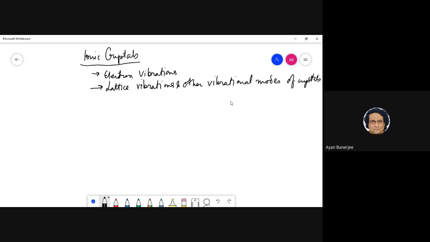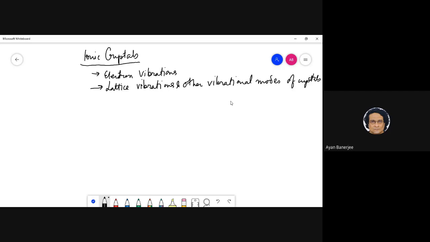So what we typically write is the electronic contribution at this very low frequency, where we do not have the contribution of the lattice and the molecular vibrations.